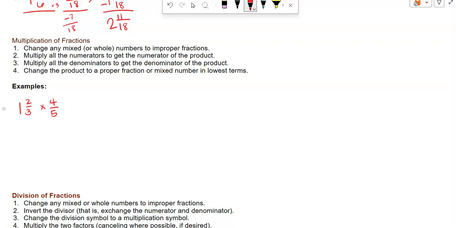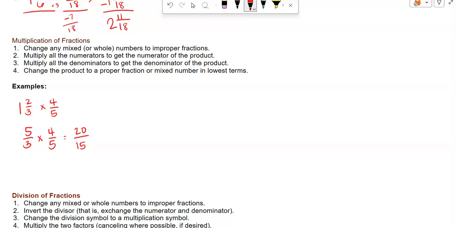So 1 2/3 is the same as, and this is going to be 3 times 1 plus 2. So 3 times 1 is 3, 3 plus 2 is 5. So 5/3 times 4/5. Okay, when we're multiplying, you just multiply across. So 5 times 4 is 20. And then for my denominator, 3 times 5 is 15.